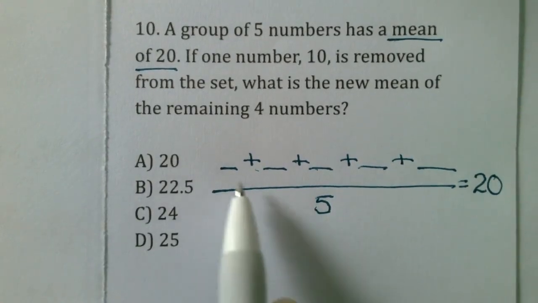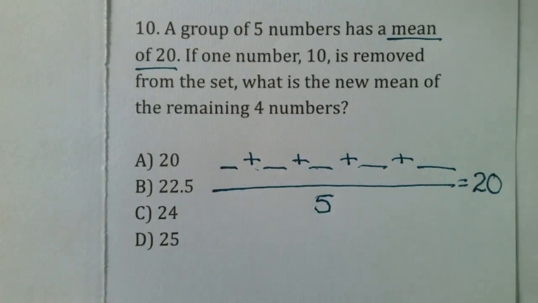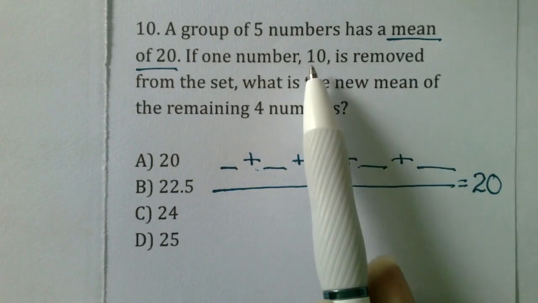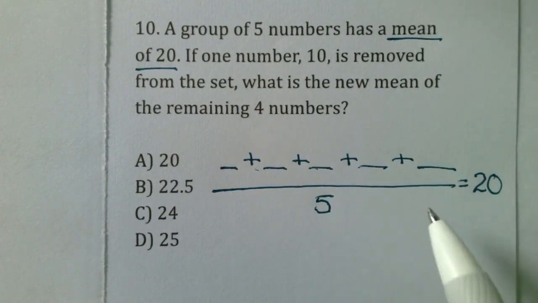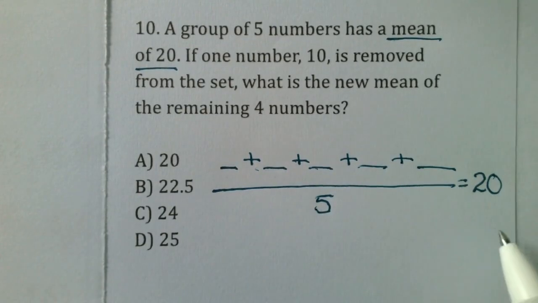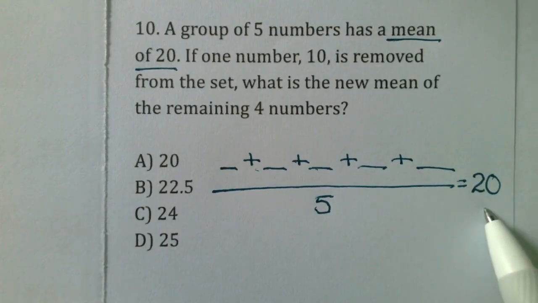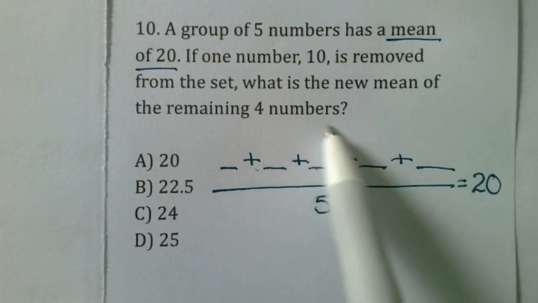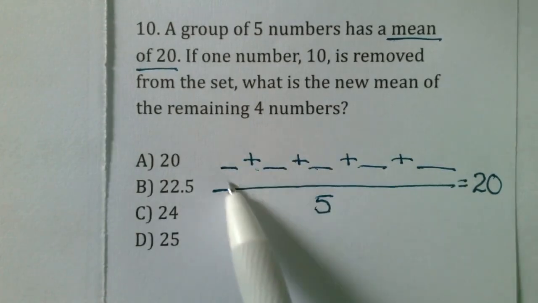We don't know what these 5 numbers are except for one. One of them is a 10. So if I need to figure out what my new mean would be, we already know what the old mean is, but then I have to figure out what's the sum of these numbers.